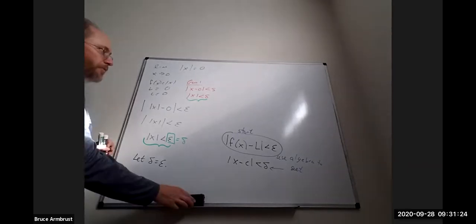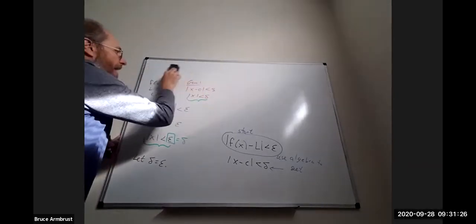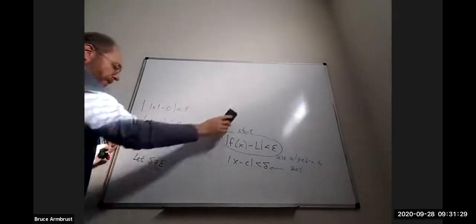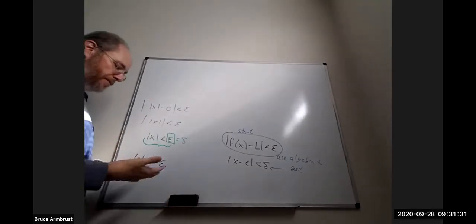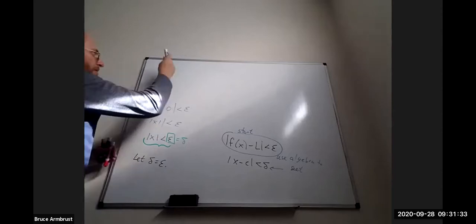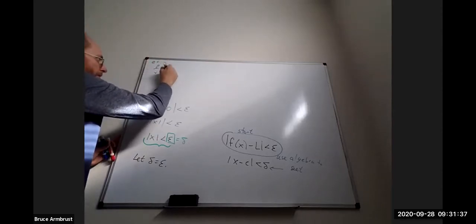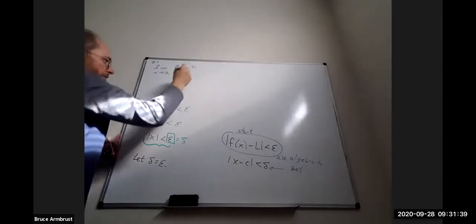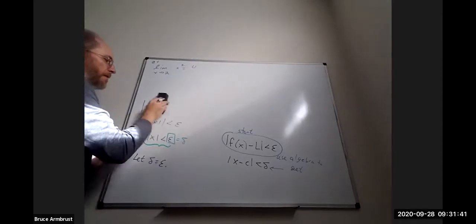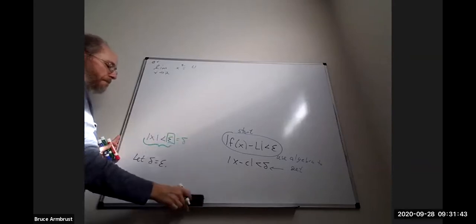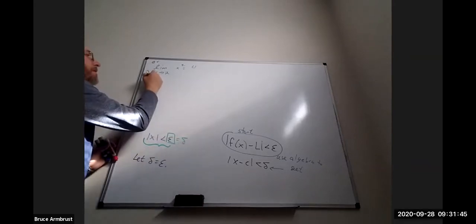Okay, so the last one we're going to do, let's go back and look at the one that we started with, which was x squared, and the limit as it went to 2. Right, so we had the limit as x goes to 2 of x squared, which we saw was equal to 4. We're quite confident in that. So here are all our different things.